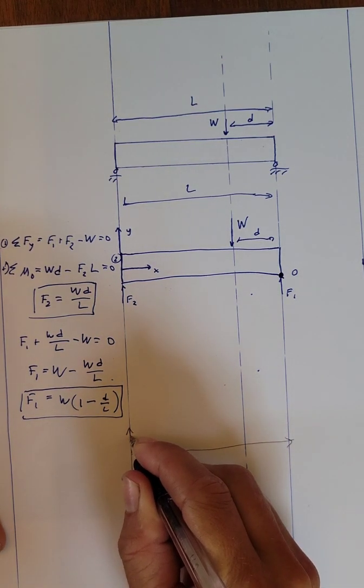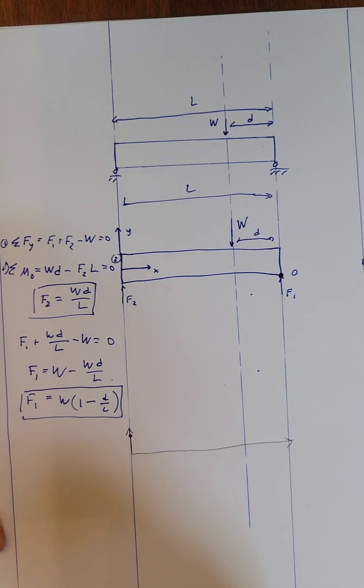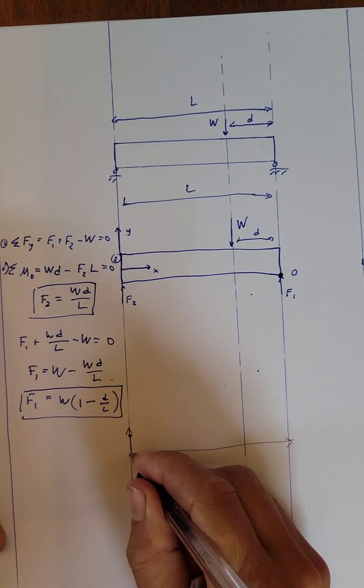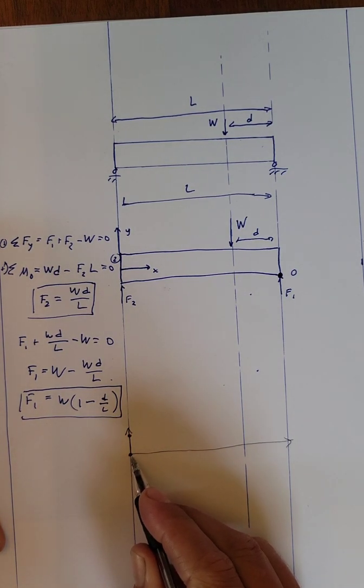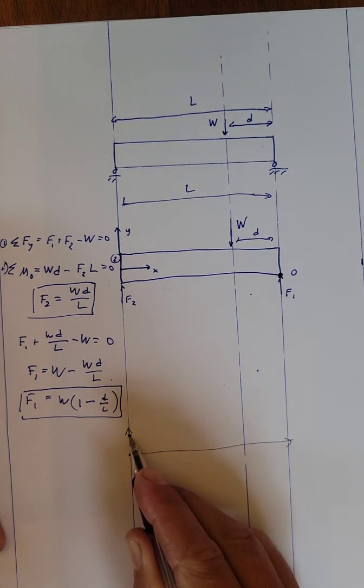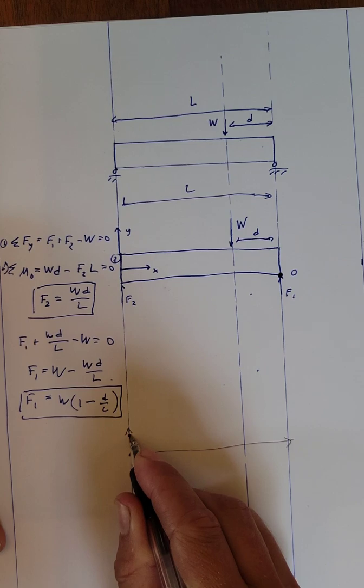The first thing we'll do is start on the end, right? We'll actually start there because it's a free end. The shear force at the free end is going to be 0. We're going to increase up to the magnitude of F2. We're going to jump up, and the magnitude of F2 is this WD over L.